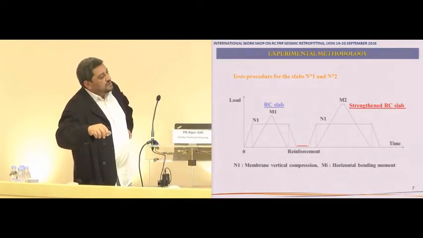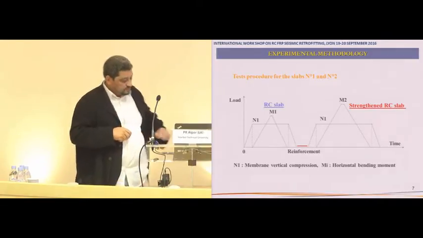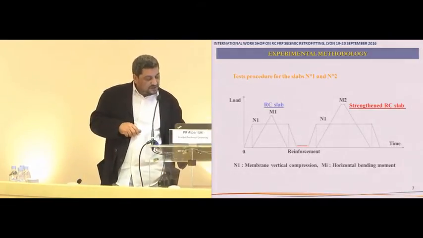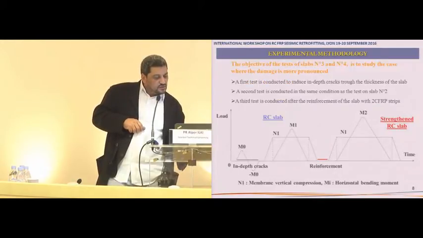Then we unload the slab. We make the reinforcement. I will show how. And we make a second test with, again, membrane axial compression. We kept this membrane compression constant. We apply bending moment until the failure. This is what we did for the test for slabs 1 and 2.